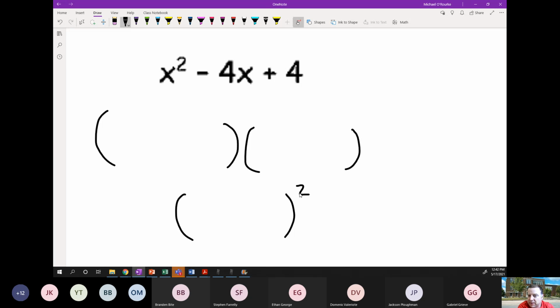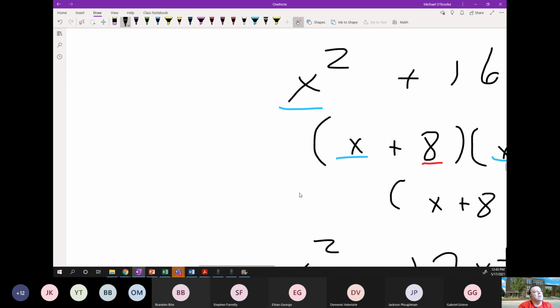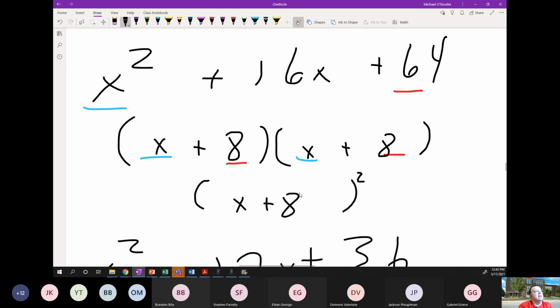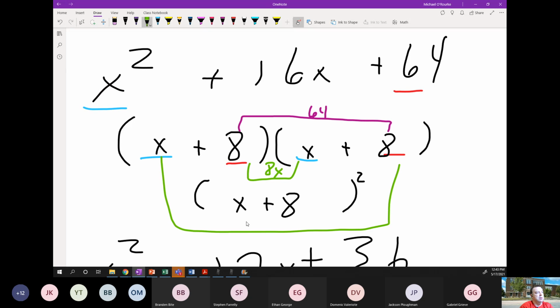Good. -2 and -2. Let's go back here. 16 and 64. Well, these two multiply to get 64. These two are multiplied to get 64. And these guys here, that's 8x. That's 8x, and that will equal 16x.